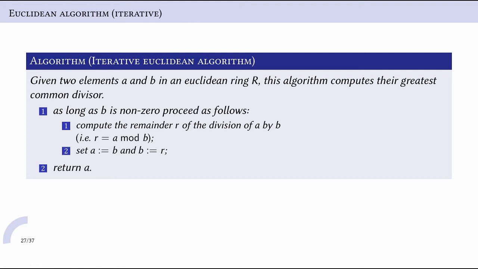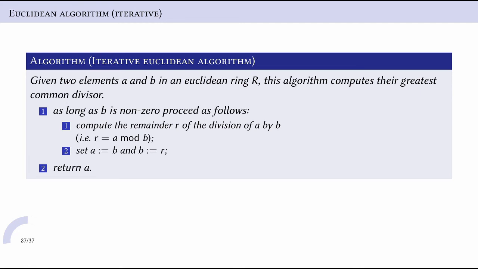If you have two elements of a Euclidean ring, let's say the ring of integers or the ring of univariate polynomials, then we compute their greatest common divisor in the following way. As long as b is non-zero, we compute the remainder and we replace a by b and b by this remainder. Finally, we break from the loop when b is 0, and in this case a is the greatest common divisor that we are looking for.